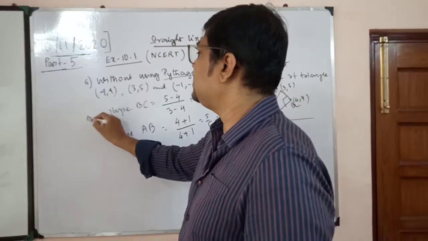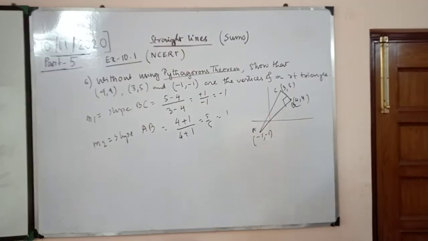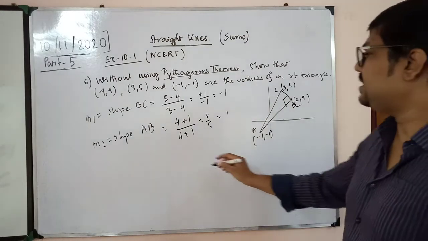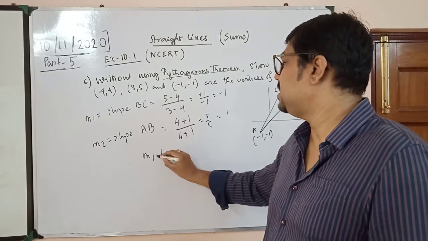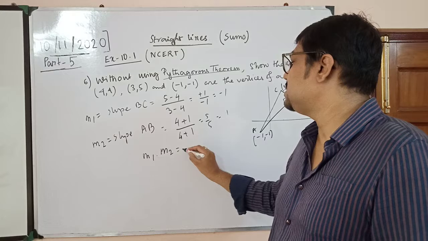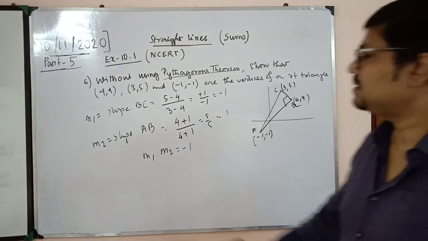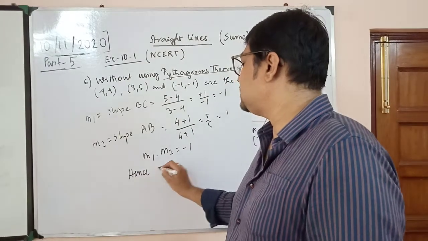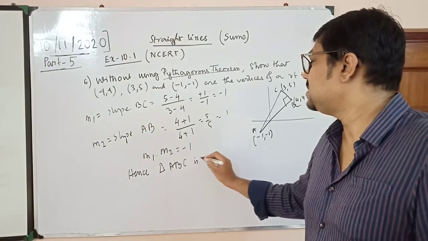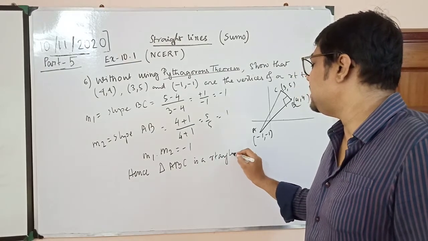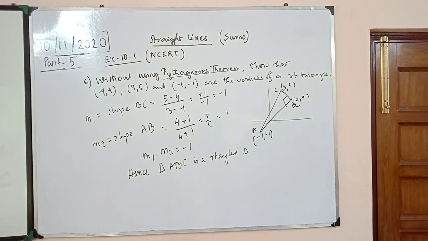If I denote this by M1 and this by M2, I can show that M1 into M2 is equal to minus 1, and hence you can say this triangle ABC is a right angle triangle. Okay, then next sum.